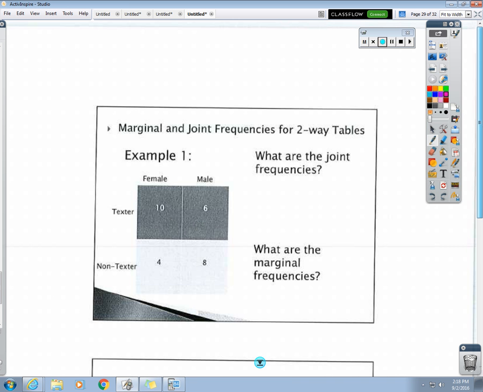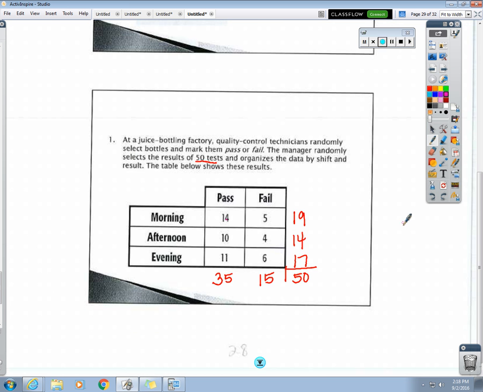How many of these bottles that were tested in the morning passed? 14, right? Out of how many morning tests? 19. What is 14 out of 19?